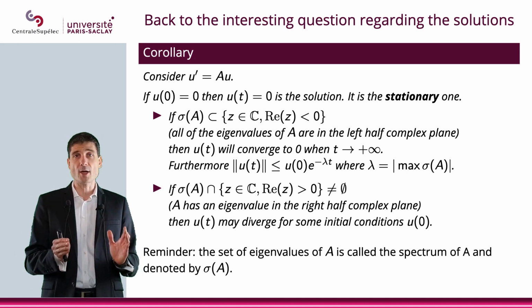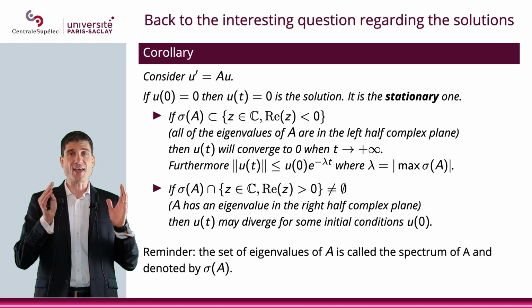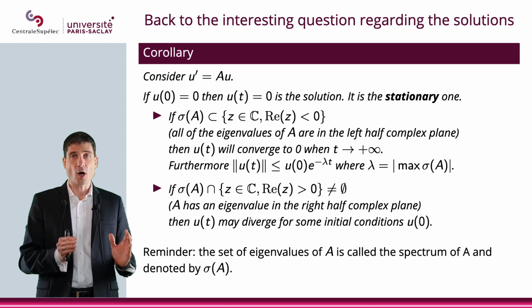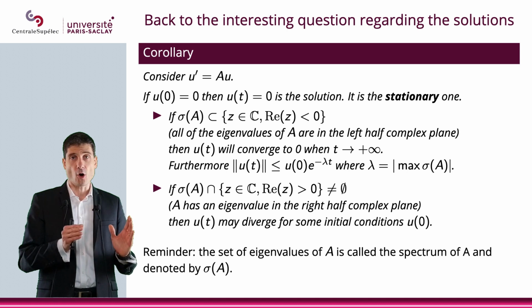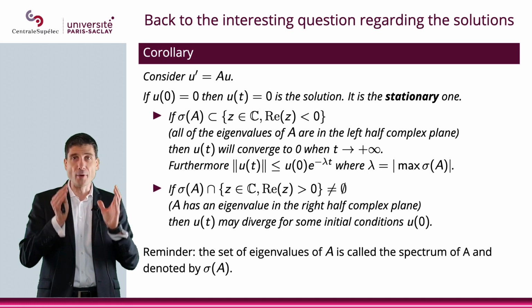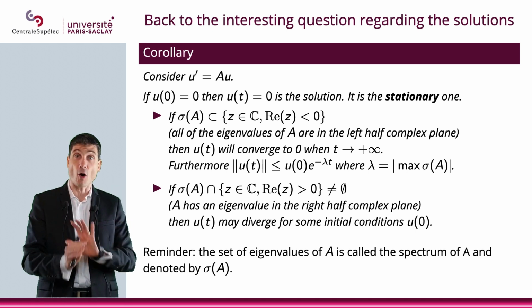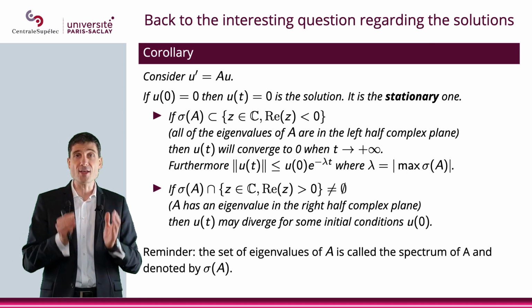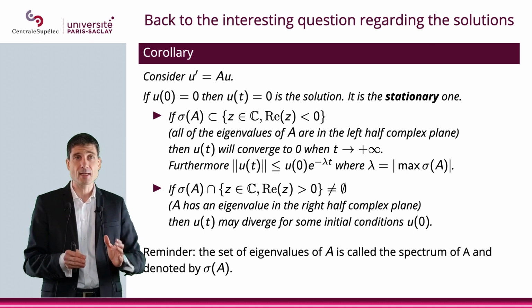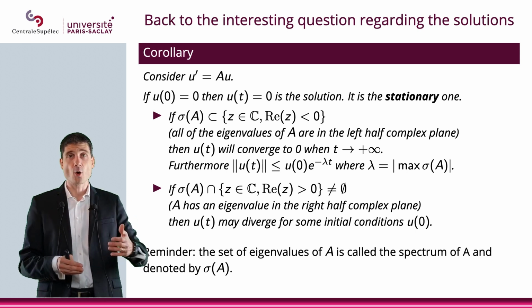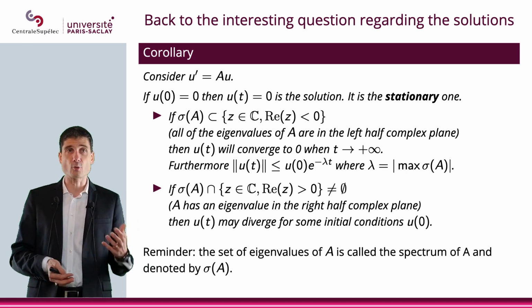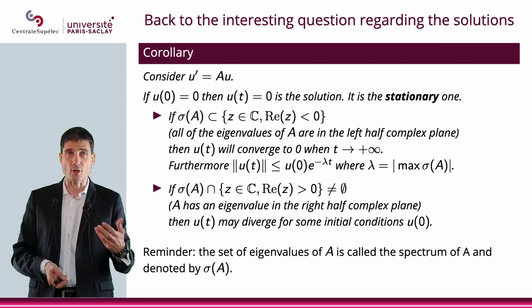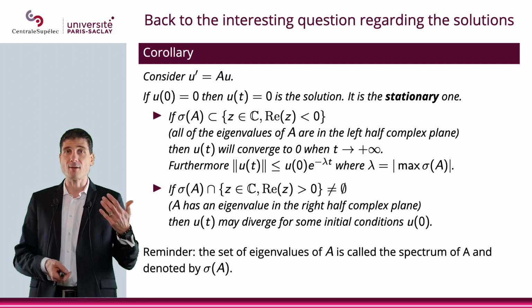The first situation is all of the eigenvalues of A are negative, or at least if they're complex, the real part of all of them is negative. In this case, u of t will converge to 0, in other words, will converge to the stationary solution as t goes to plus infinity.